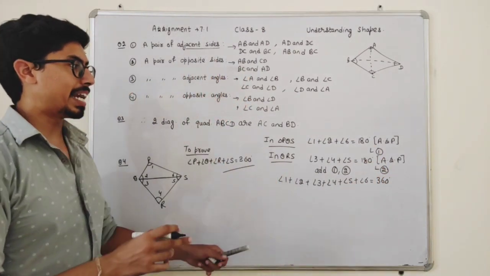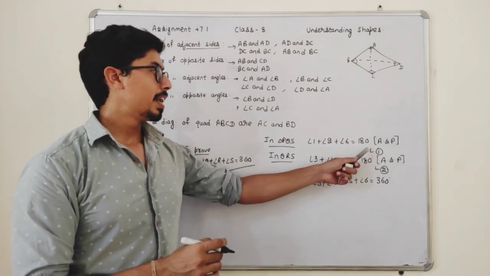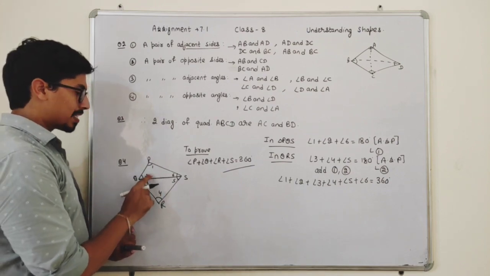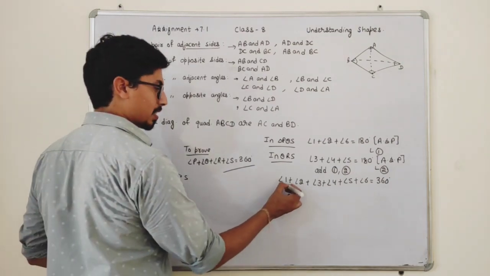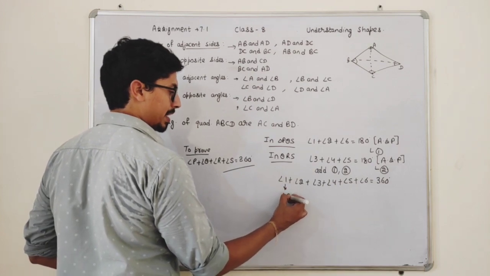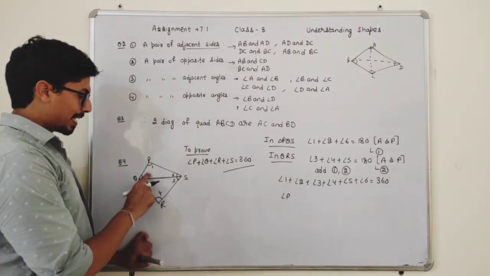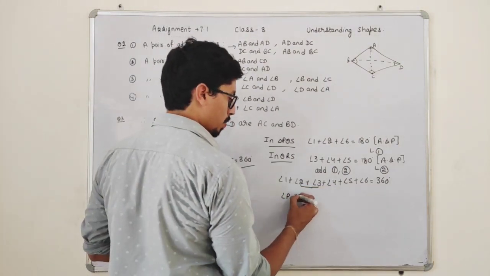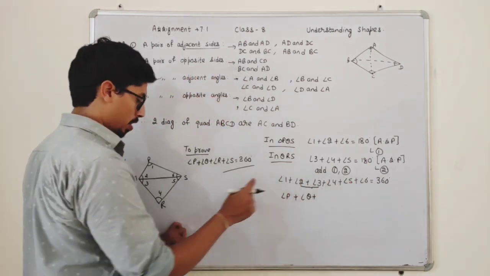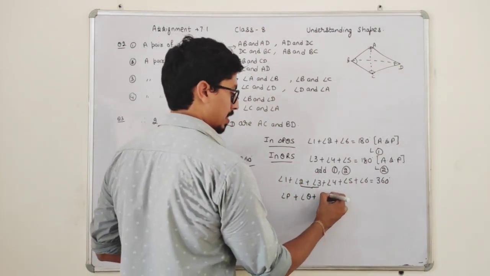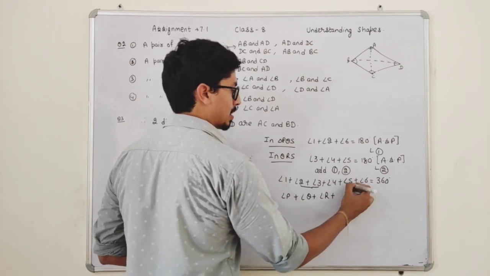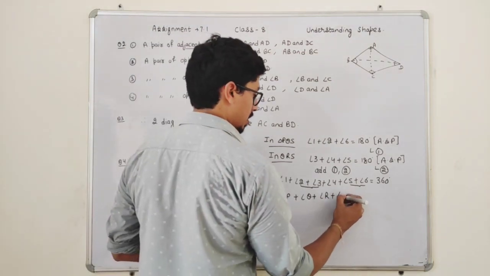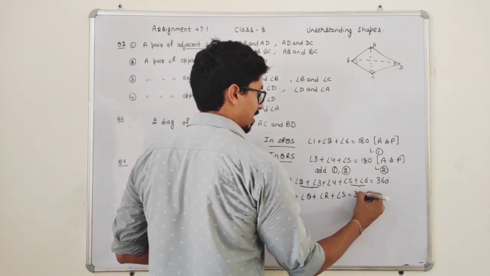Okay, students, if I add them, the left hand side will be added to the left hand side, and the right hand side to the right hand side. Angle 1 as it is, that is angle P. 2 plus 3 will become angle Q. Angle 4 as it is, that is angle R. 5 plus 6 becomes angle S. This will be 360 degrees.